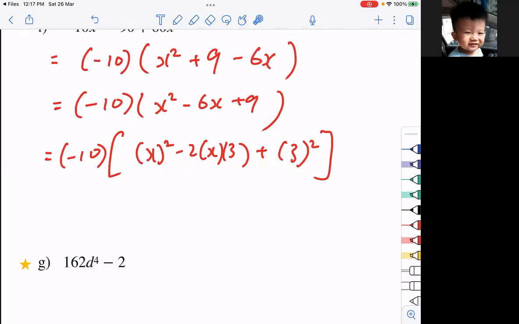Yeah, so does it mean I can write the reversal of formula 2? The factorization of formula, what is it? What's the answer?